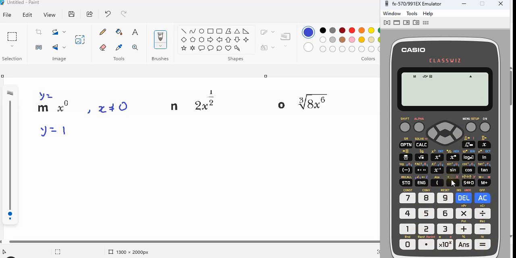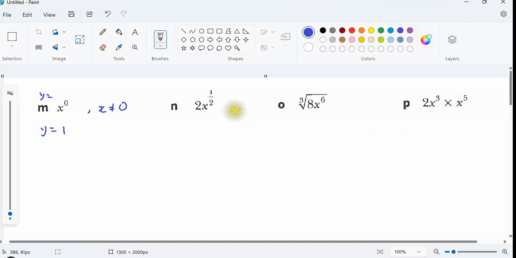Okay, so we assume the x here is not equal to 0, then dy/dx is equal to 0. So this one is a straight line, y equal to 1. So the gradient is equal to 0, so dy/dx is equal to 0. So for any constant, the first derivative is equal to 0.